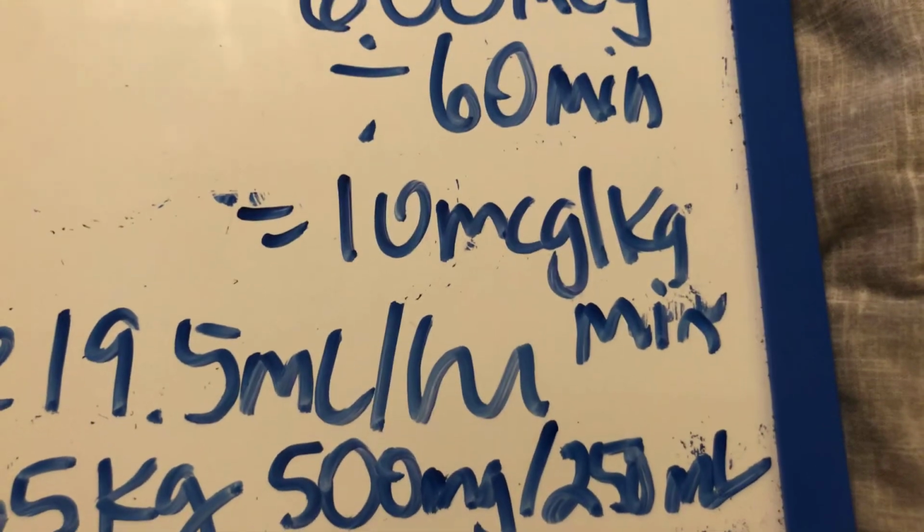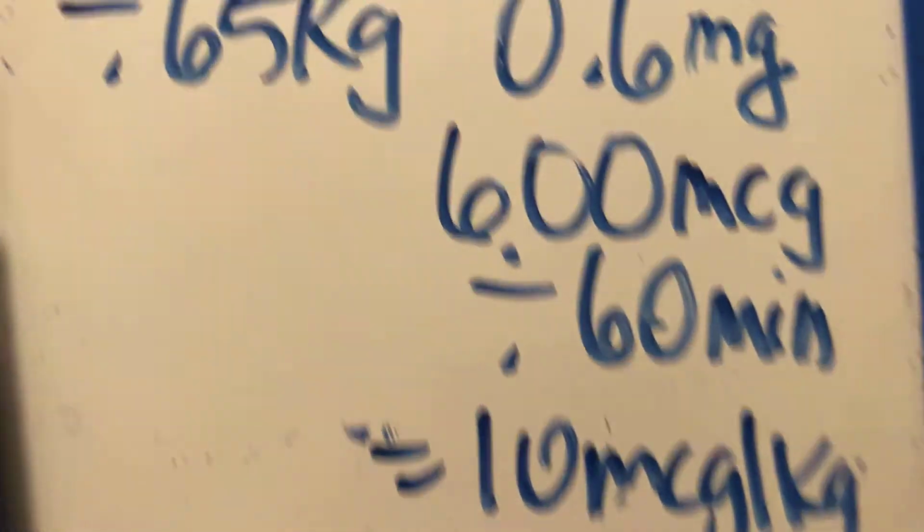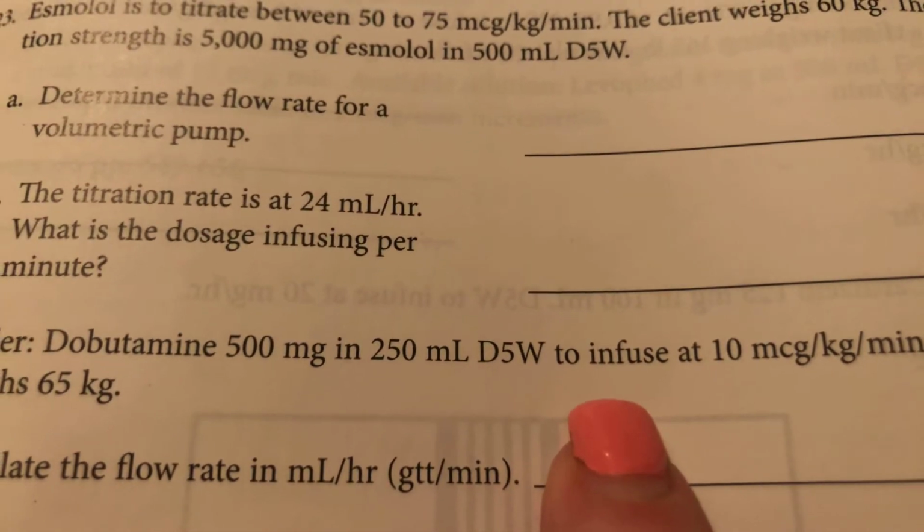Okay, so we end up with 10 micrograms per kg per minute, which is what we started off with in the problem.